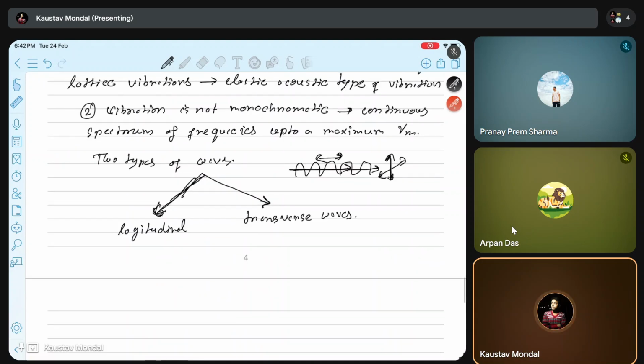The longitudinal has a single mode, one mode. As you can see here, it can only move along this side or this side, so it has only one mode. And here it has two modes. As you can see, this has two different planes, it can move along different axes. So the transverse wave has two modes.